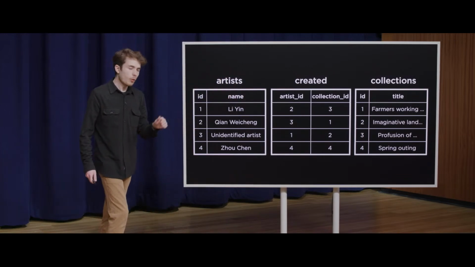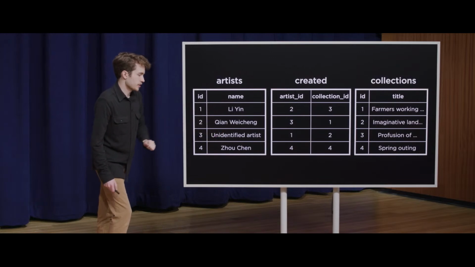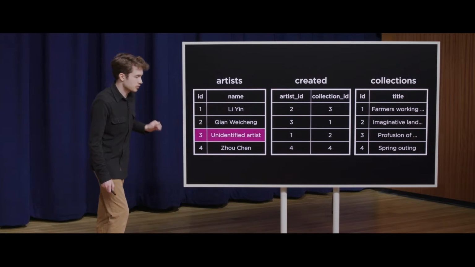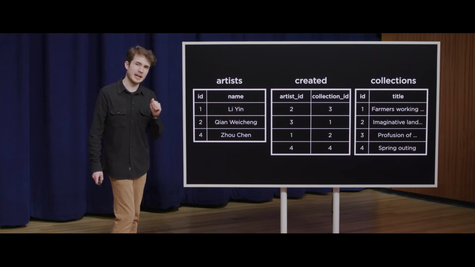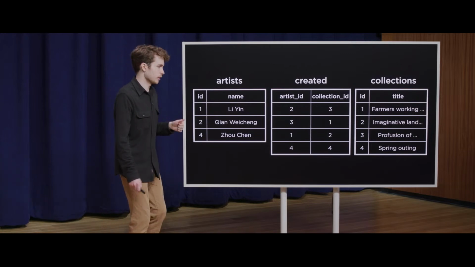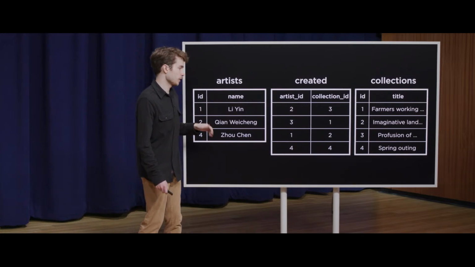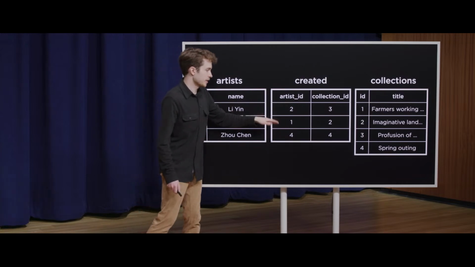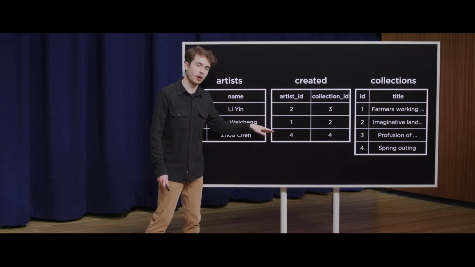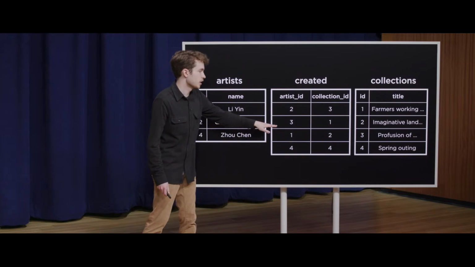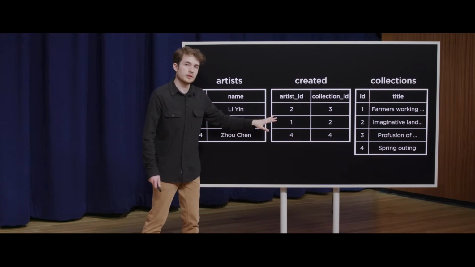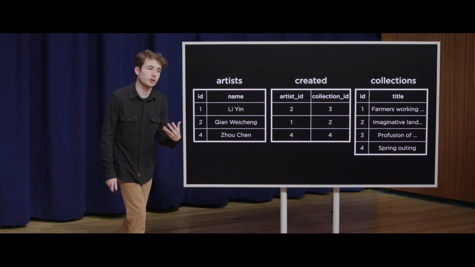Now I want to delete unidentified artist here. Well, I could do that. I could just delete their row. And now, instead of a foreign key constraint error, what I get is the following. I see in created that this row is also gone. The row that had the artist ID of 3 gets removed. We've cascaded the deletion onward to the created table.